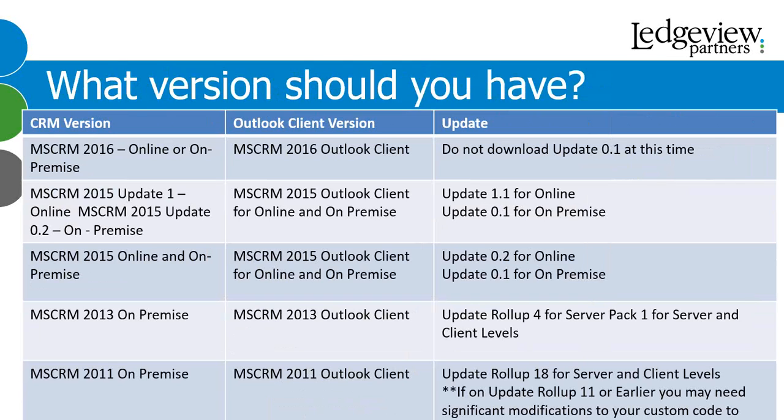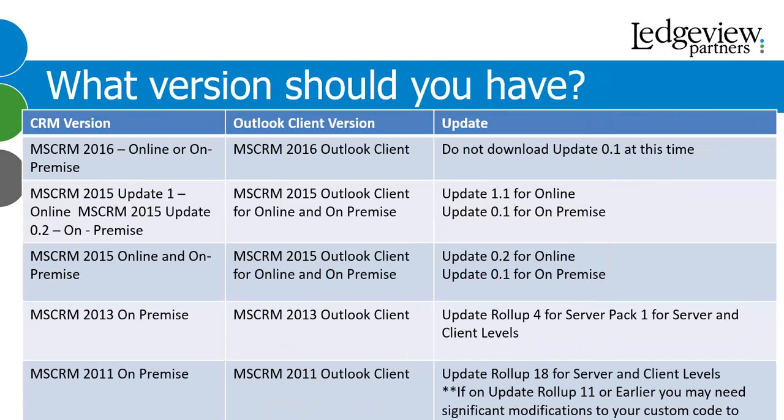If you're currently on CRM 2015 Update 1, which means the enhanced navigation, so the tiles where you need to scroll, or if you're on 2015 Update 0.2, which is the on-premise version of that, you still want to have the 2015 Outlook client. For online, you want to be on Update 1.1, and for on-premise, Update 0.1.